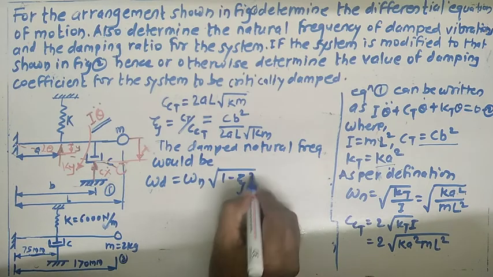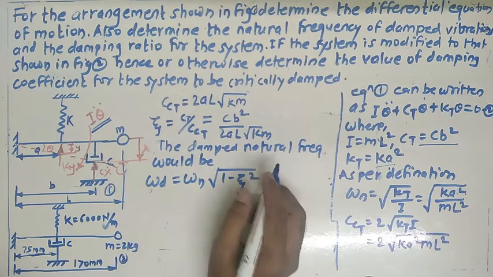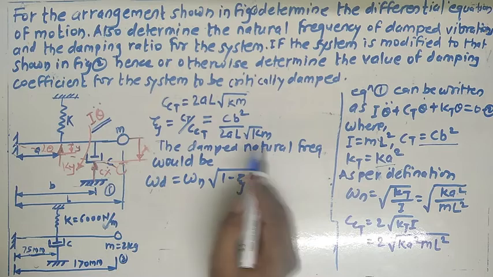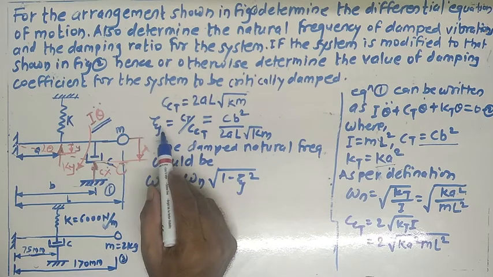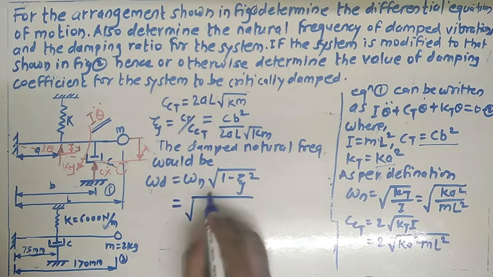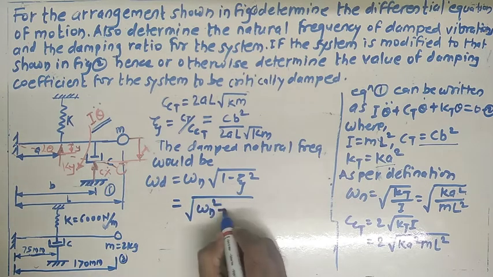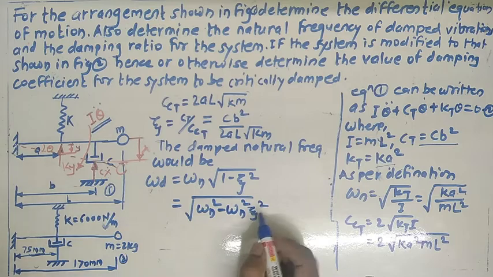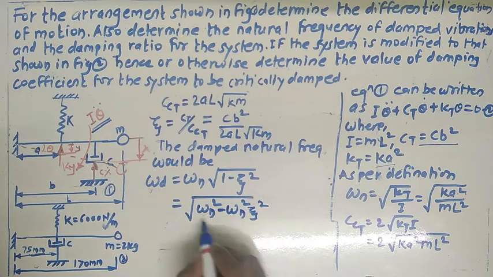So the relation for this zeta we have calculated earlier. If I take this omega n inside the bracket, the relation changes like this: omega n square minus omega n square into zeta square. Omega n is already with us.